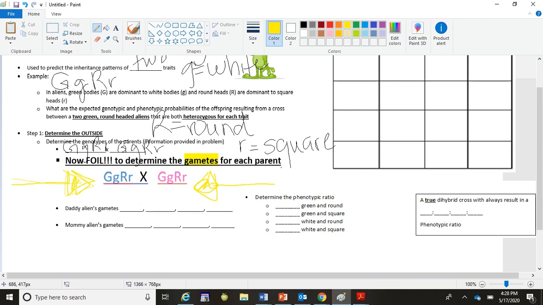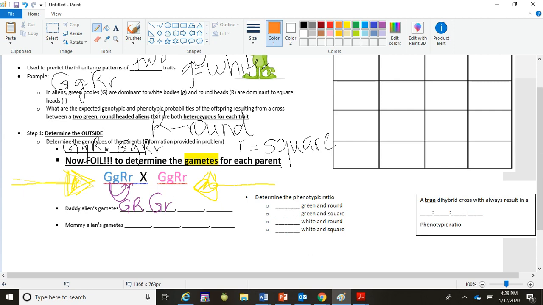To do the FOIL, you need all the different combinations of G and R that could possibly result. Combining the G with the first R, and the G with the outer R, the first combination is capital G, capital R. The next is capital G, lowercase r.